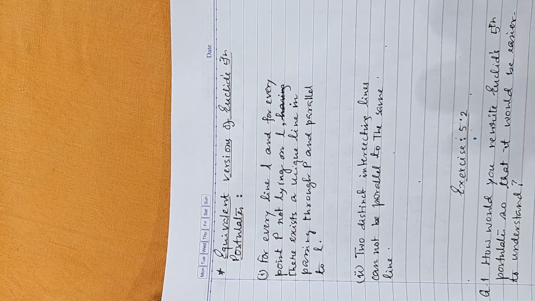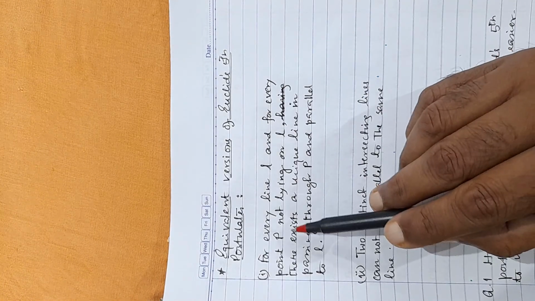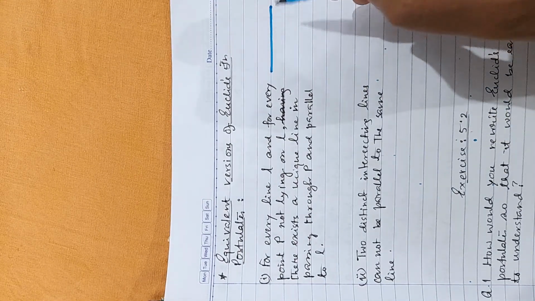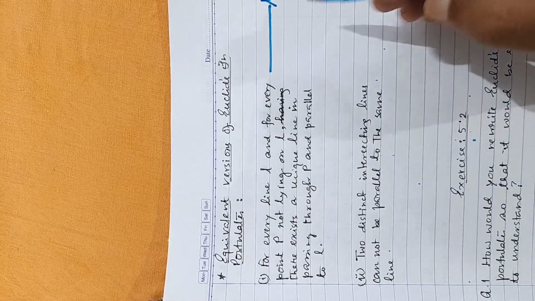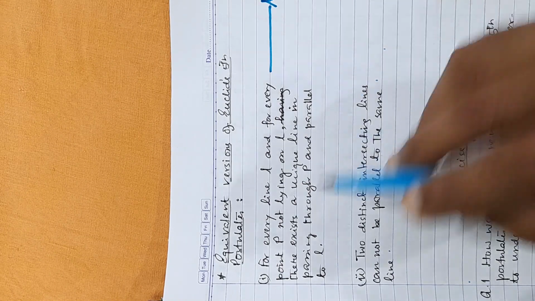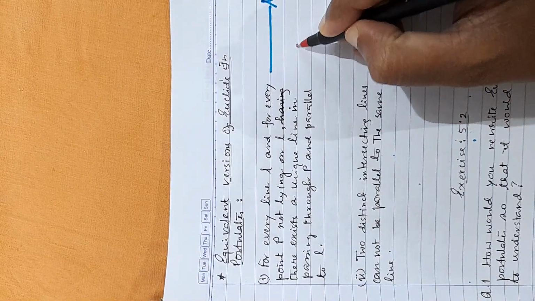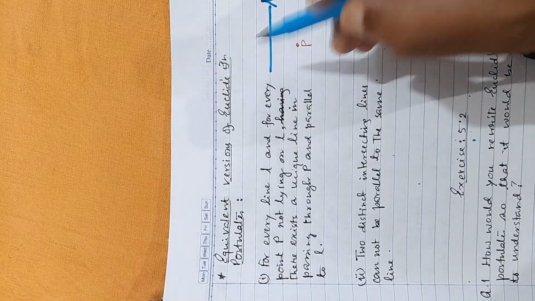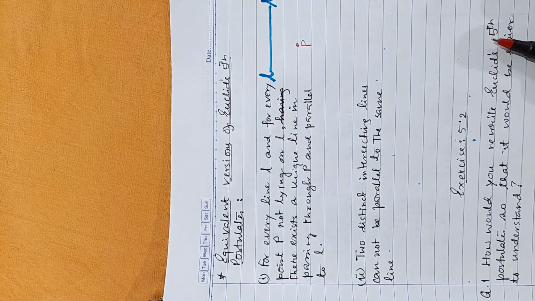For every line L and for every point P, L is a line, and P is a point not lying on L. This is P, a point not lying on L. This is L. L is a line, and P is a point not lying on L.